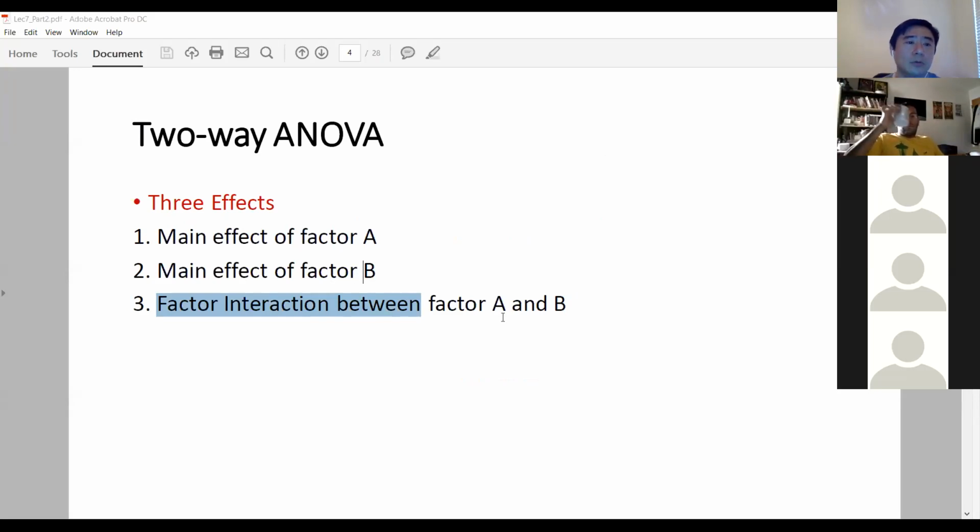Whenever you have 2 or more effects, you have to worry about the interactions. This is very similar to when you do a multiple linear regression, where you have to worry about the interaction term.